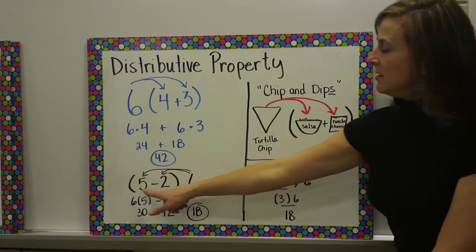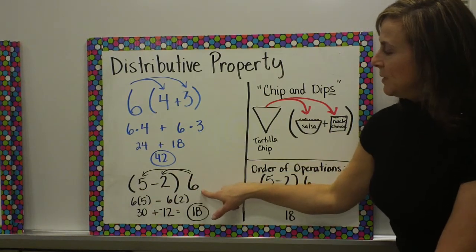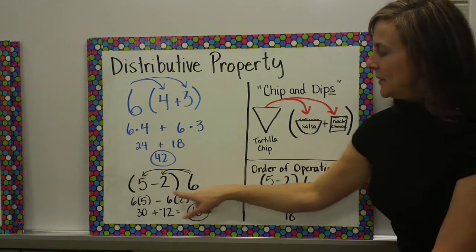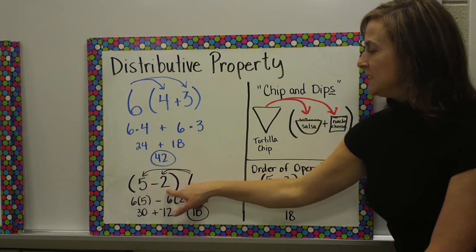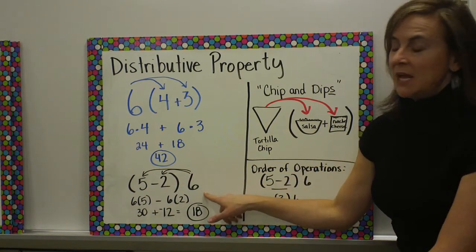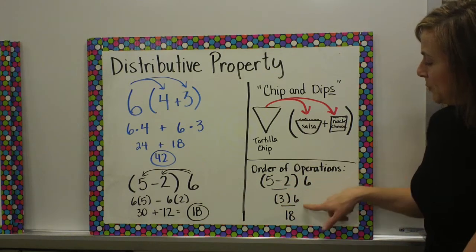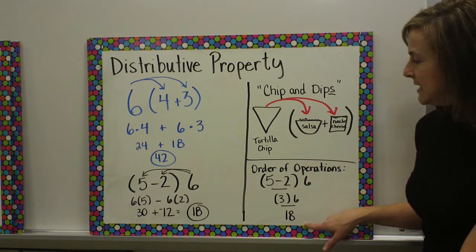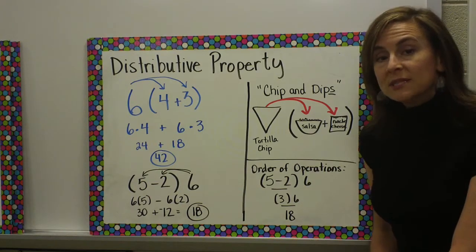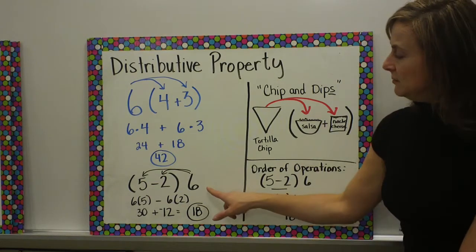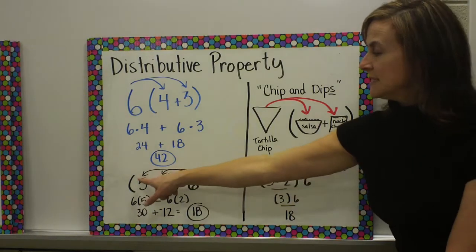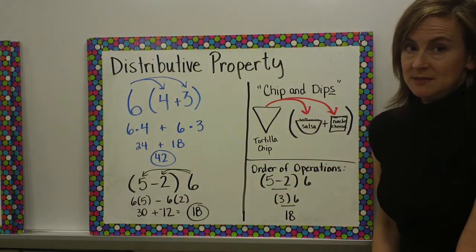Here's another example. Notice this time the number in the parentheses is on the outside. So my parentheses are 5 minus 2, times 6. Using order of operations, if we solve 5 minus 2, I get 3. Bring my 6 down, 3 times 6 is 18. Notice with the distributive property, I'm going to get the same result if I distribute the 6 into the parentheses.